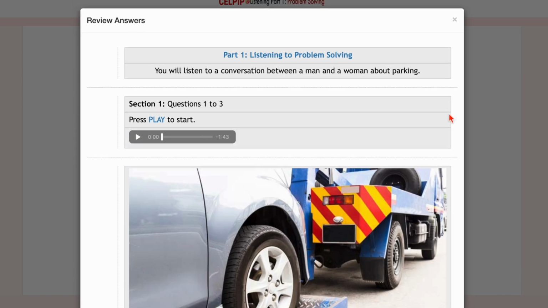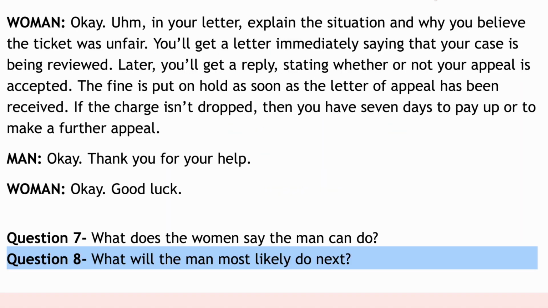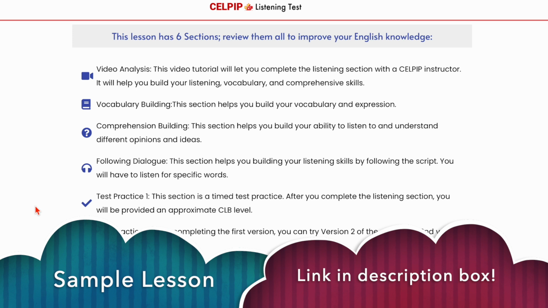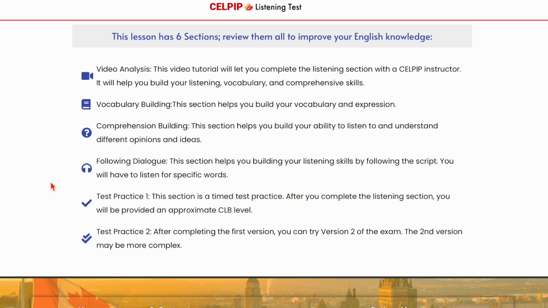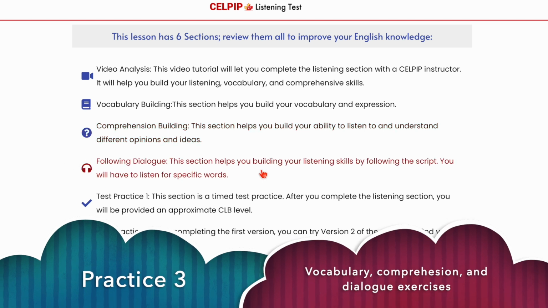And all that, everyone, can be reviewed in our lesson sample page. I will be leaving a link in the description box to this sample page where you can review test practice 1. And also, everyone, you can practice vocabulary, comprehension building, and following dialogue.